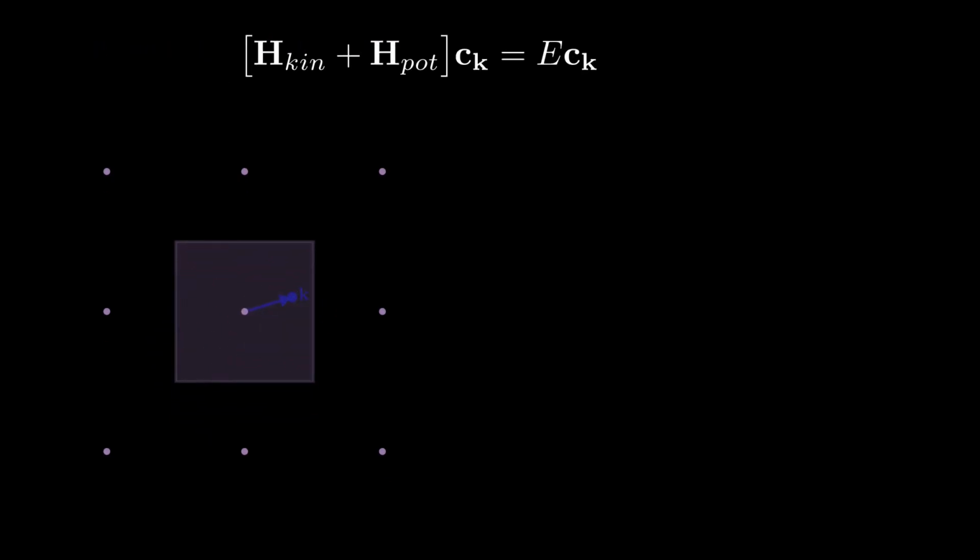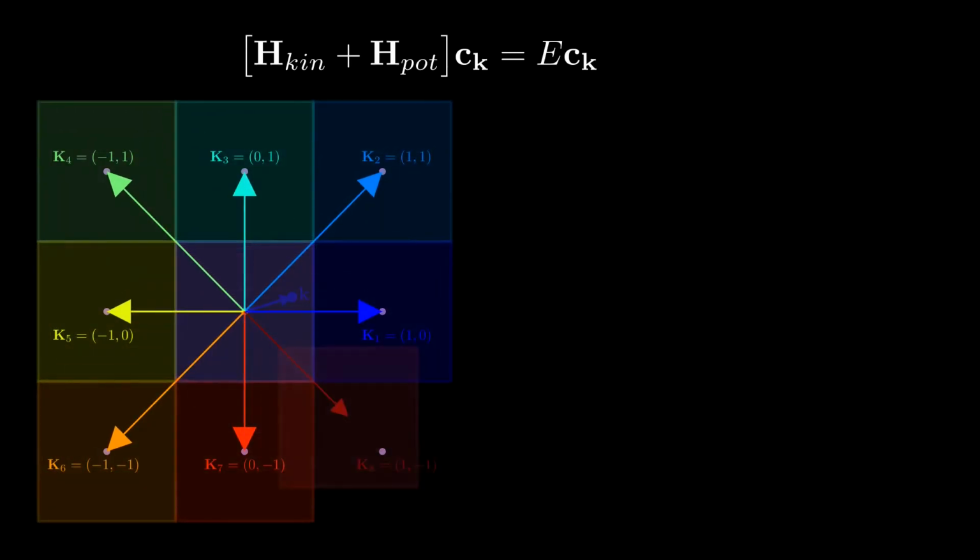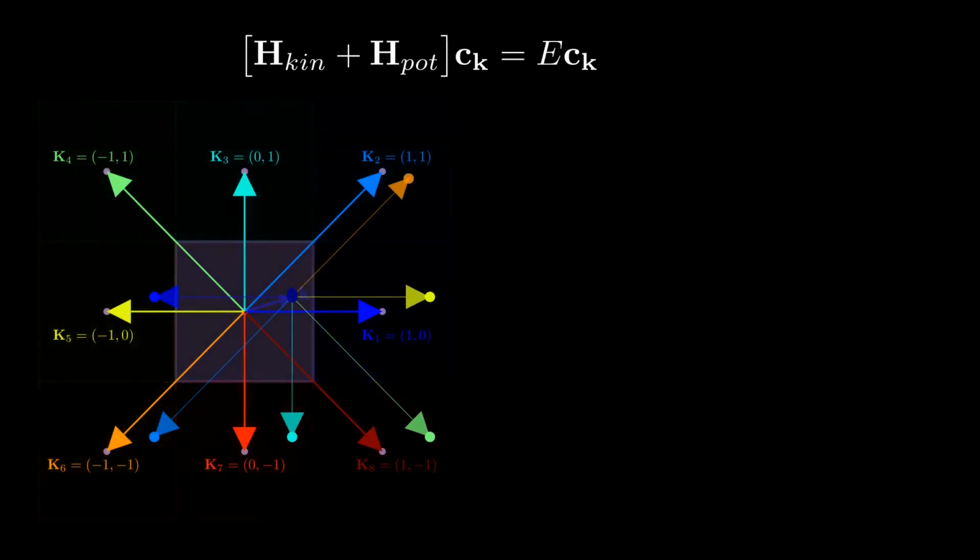The crystal is technically infinite, but we need to truncate the number of reciprocal lattice vectors, big K, to a computationally tractable set. For this example, we'll only use the following 9 vectors for big K, to which correspond the following plane waves considered for this particular vector little k.